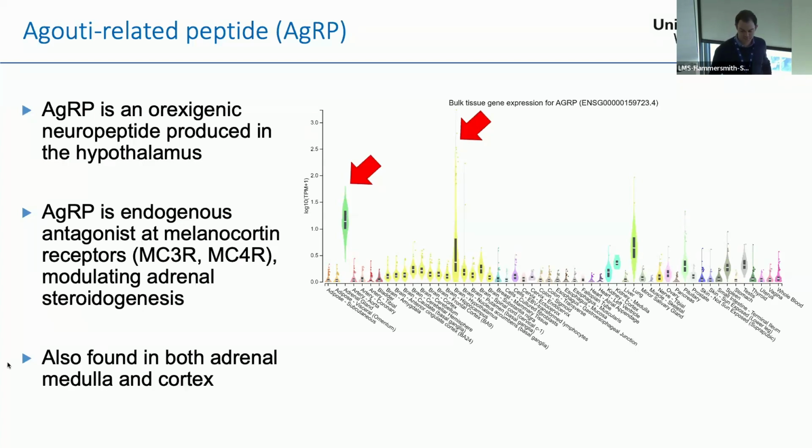And this is a graph showing the places it's found using analysis of bulk tissue gene expression. One of the places it's found is the hypothalamus, and the other place that it's found in high abundance is the adrenal gland. And it's known to be in the medulla, but also found in the adrenal cortex.